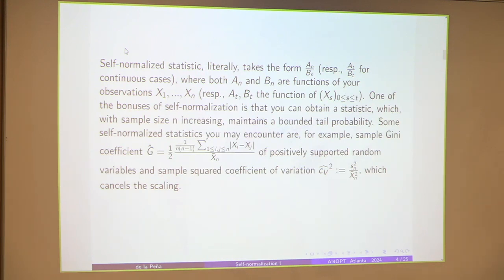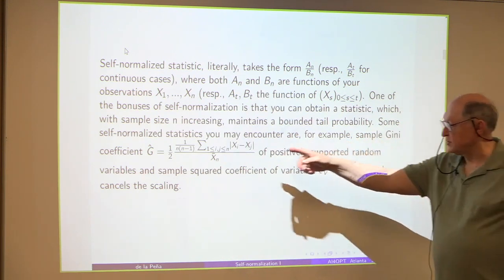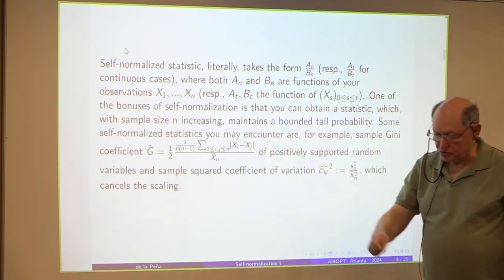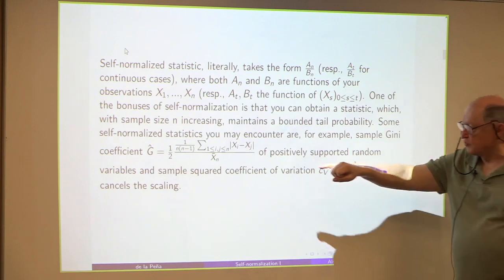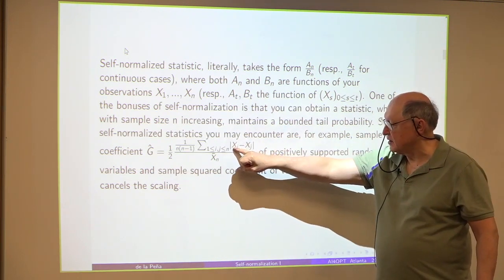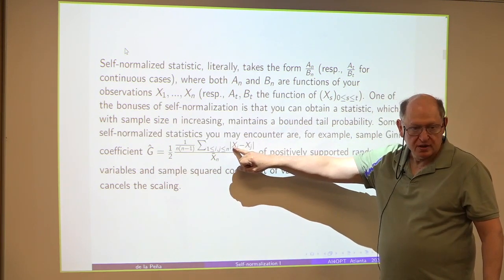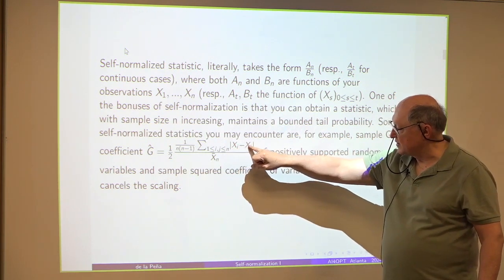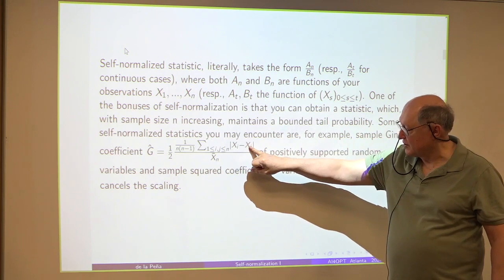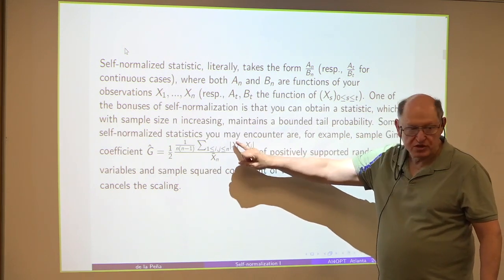That statistic is called the Gini coefficient. In a country, you have individuals with different earnings. If they are all the same, this ratio is 0.